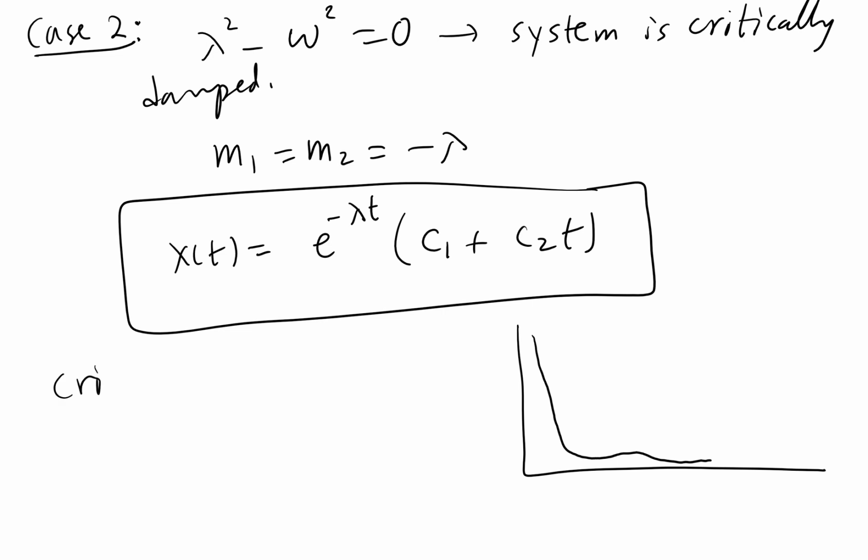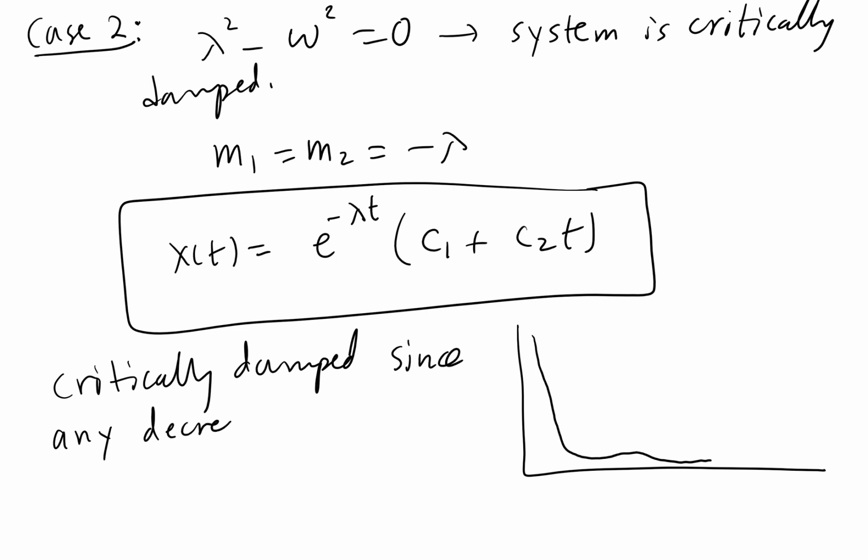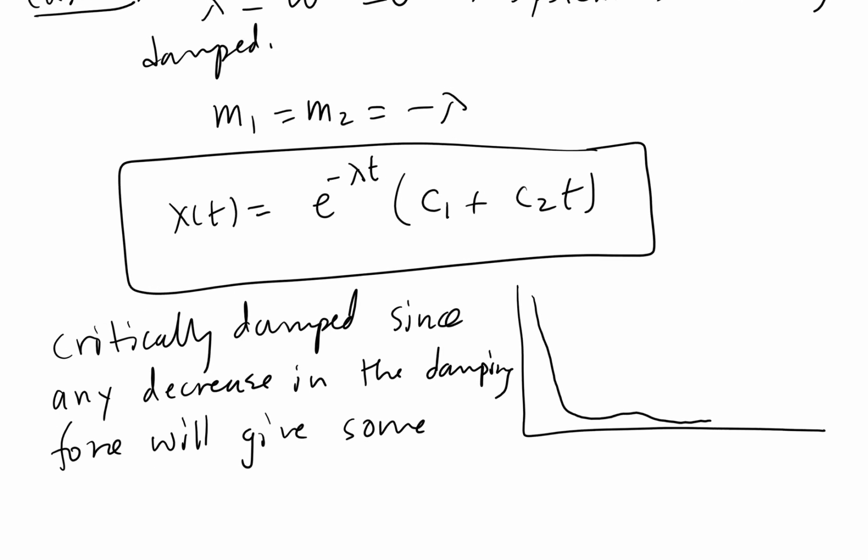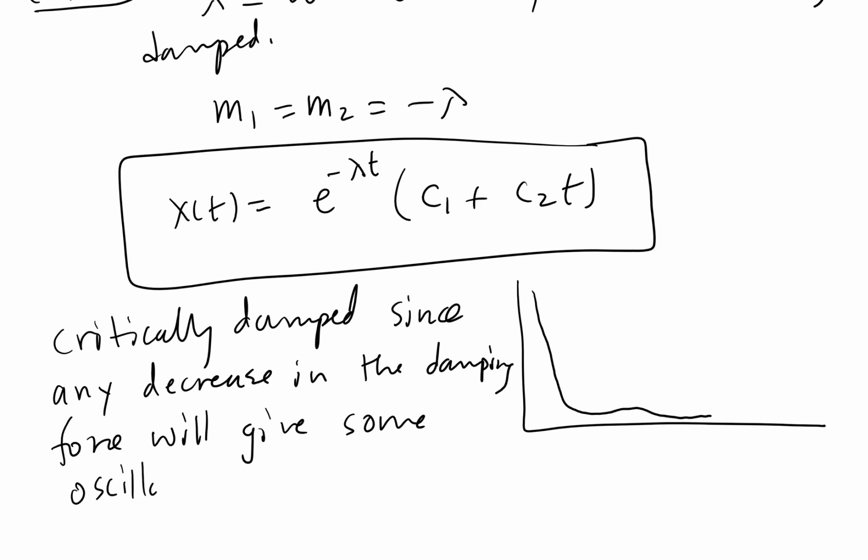It's called critically damped since any decrease in the damping force will give some oscillating motion, or oscillatory motion.